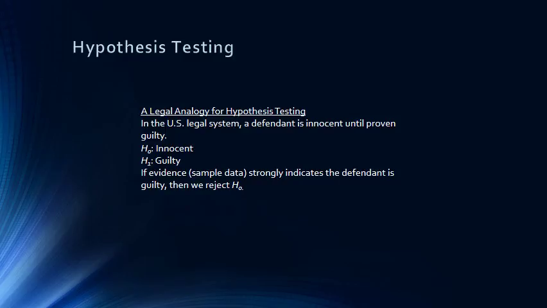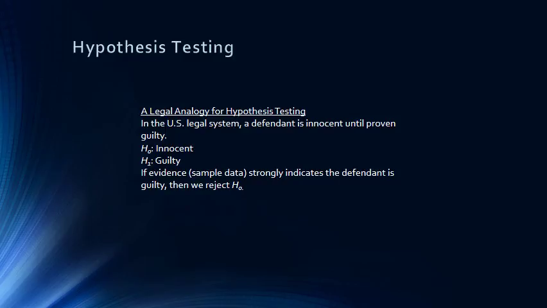An example of coming up with your null hypothesis and your alternate hypothesis is looking at the legal analogy for hypothesis testing. In the US legal system, a defendant is innocent until proven guilty. So your H0, or your null hypothesis, is that the defendant is innocent. Your alternate hypothesis is that the defendant is guilty.